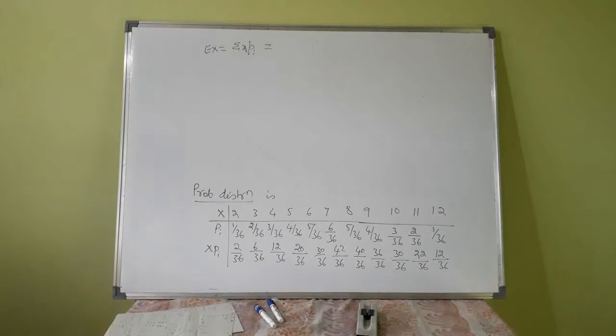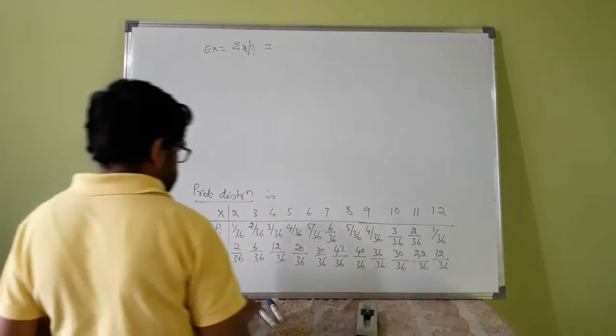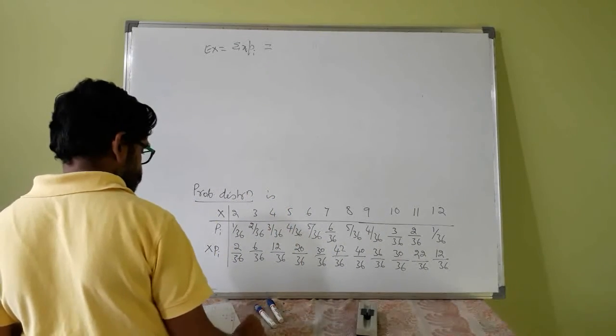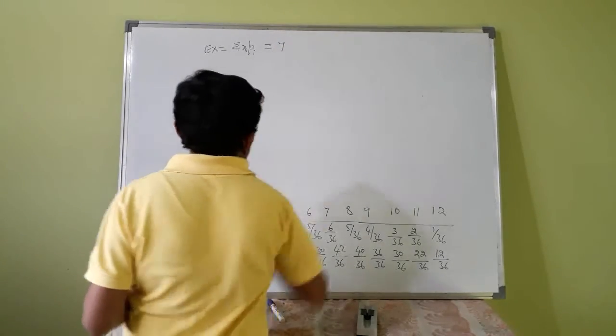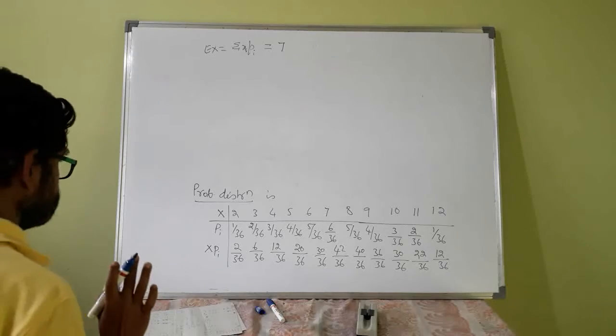Please verify that. If you sum this, then divided by 36 means you will get 7. It is calculator work, okay, you only finish.